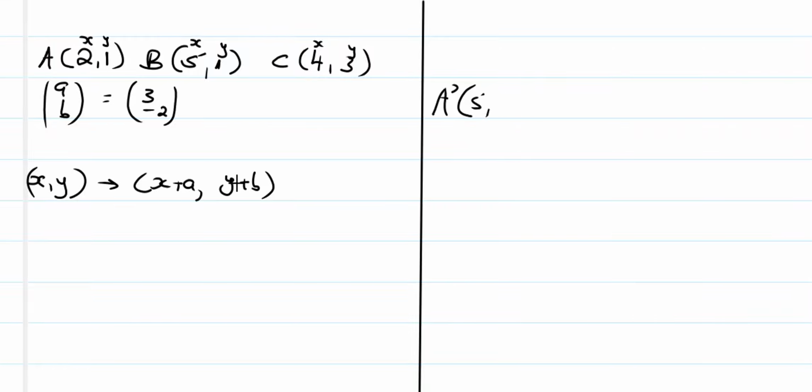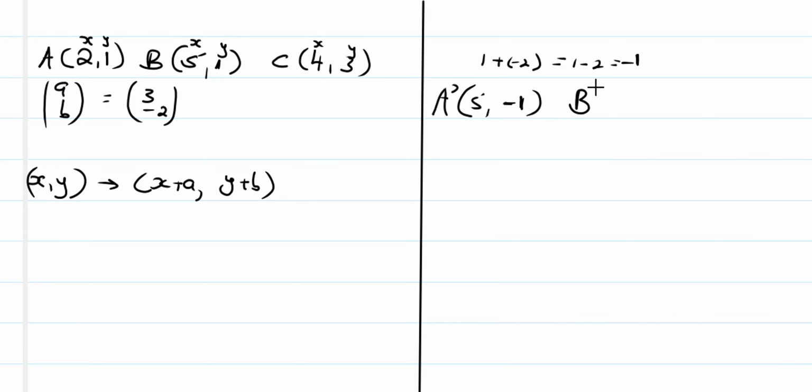Then we go to y plus b. Where y in our A is 1, and now plus -2. So it's 1 plus -2, which is the same as 1 minus 2, because positive multiplied by negative is negative. So it becomes -1, like that. And this one is -1.